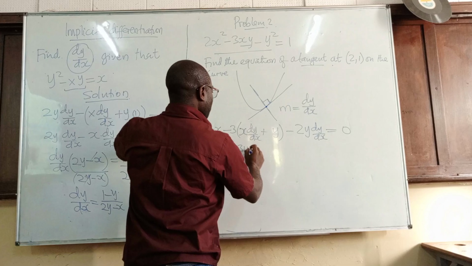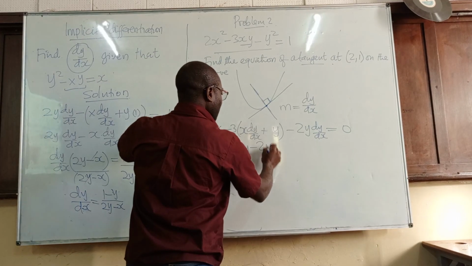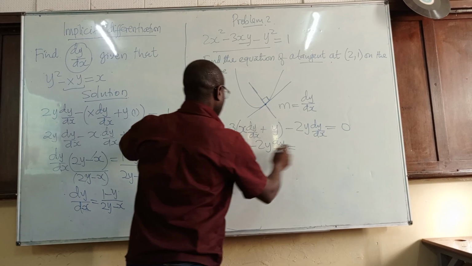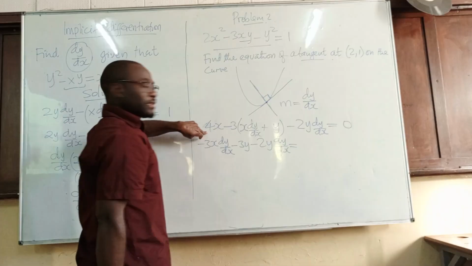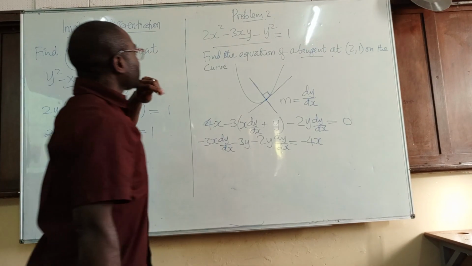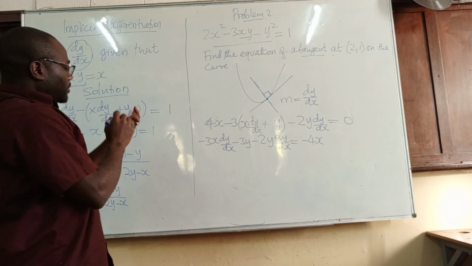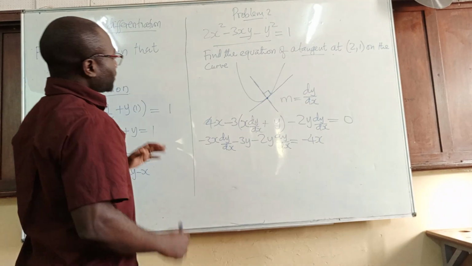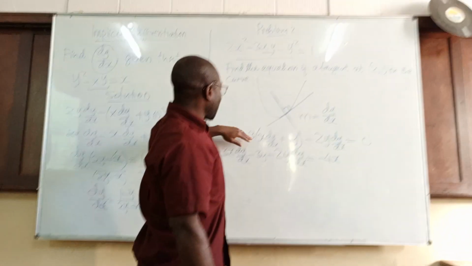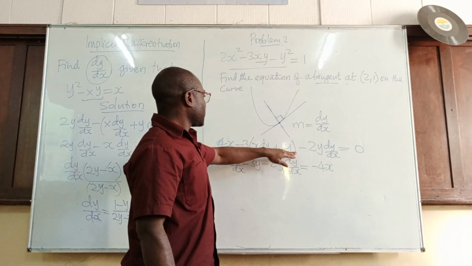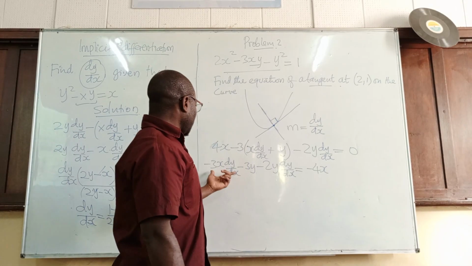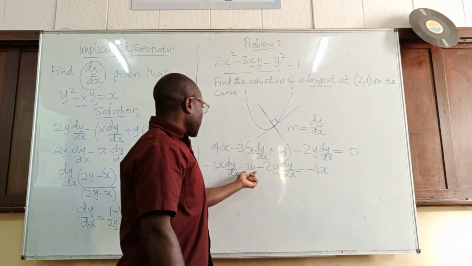Then minus this one, 2y dy over dx equals, now this one I can even shift to the other side, so it becomes minus 4x. This is what we get for now. A reminder once again, this negative 3 is multiplying all this, so you should not forget to distribute the negative 3 to all these.